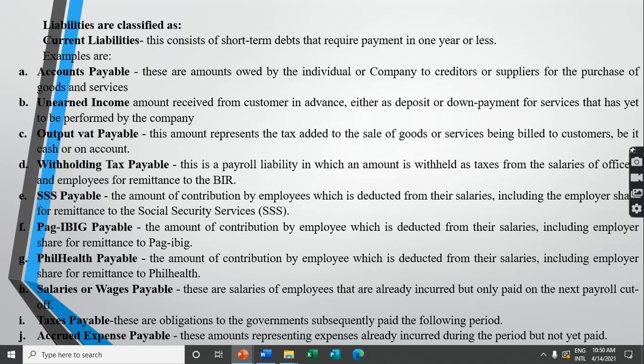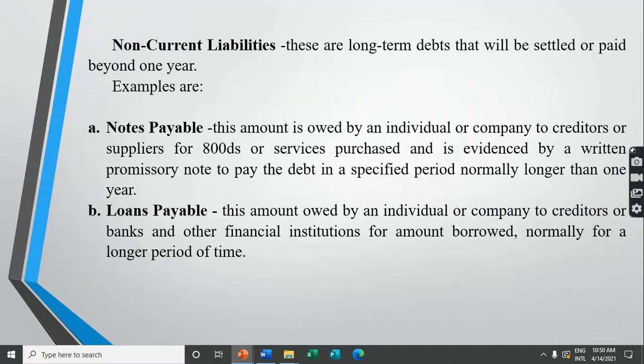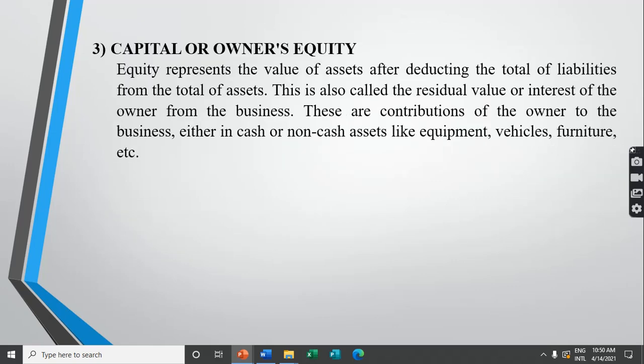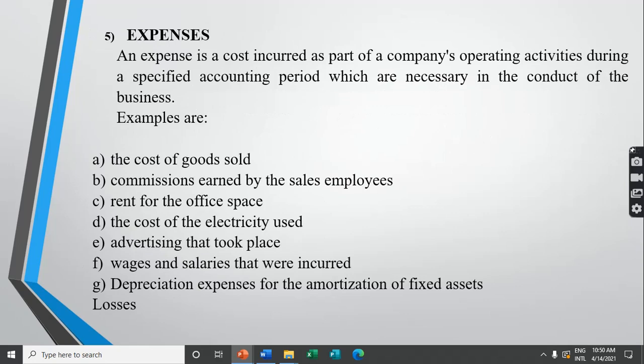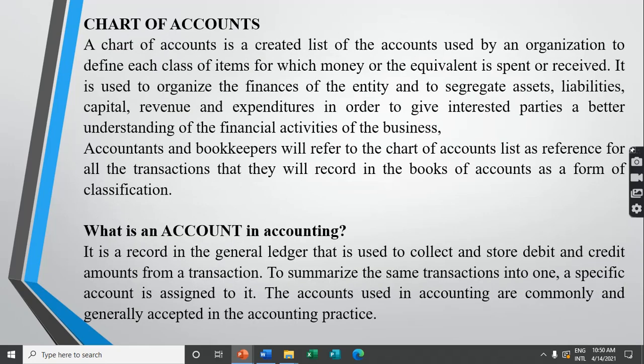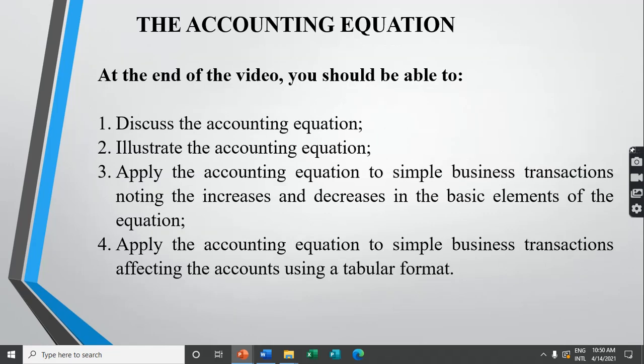Please familiarize yourselves with or memorize these account titles, because we will use them in our next discussions, or in this topic in lesson 8. We will be using these account titles. Revenue also and the expenses. We also discussed, as I said earlier, the charts of account.